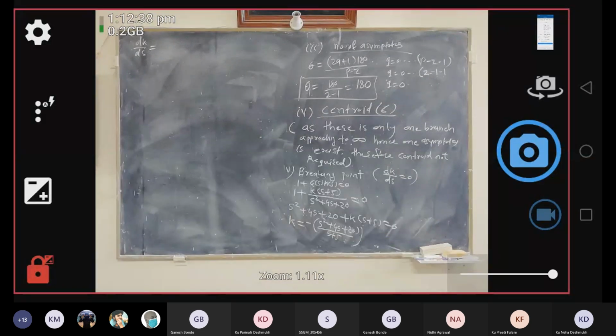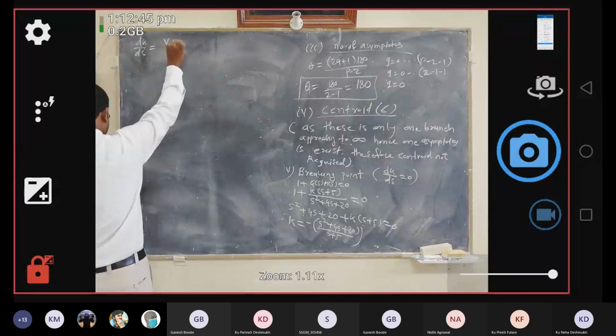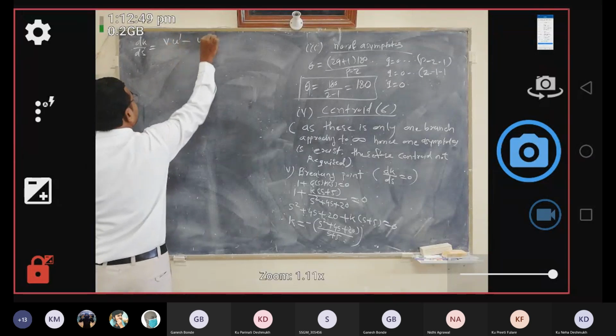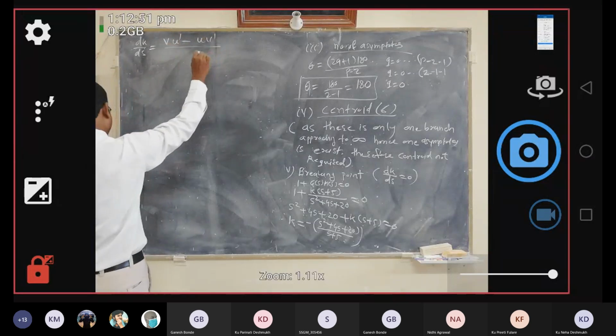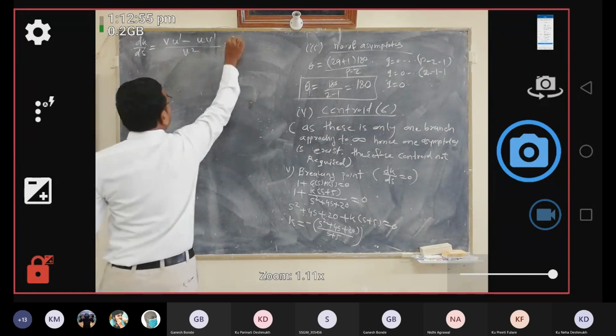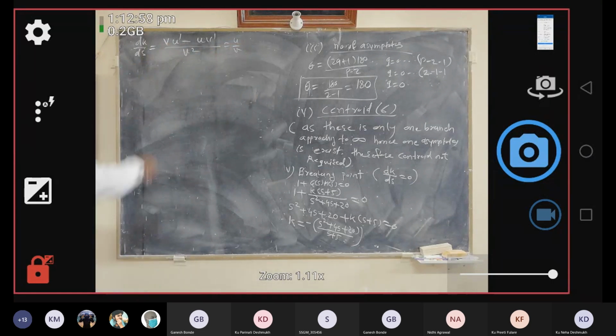That is the u by v rule. So (v into u dash minus u into v dash) divided by v square. So the u by v rule you can apply in order to get dk by ds.